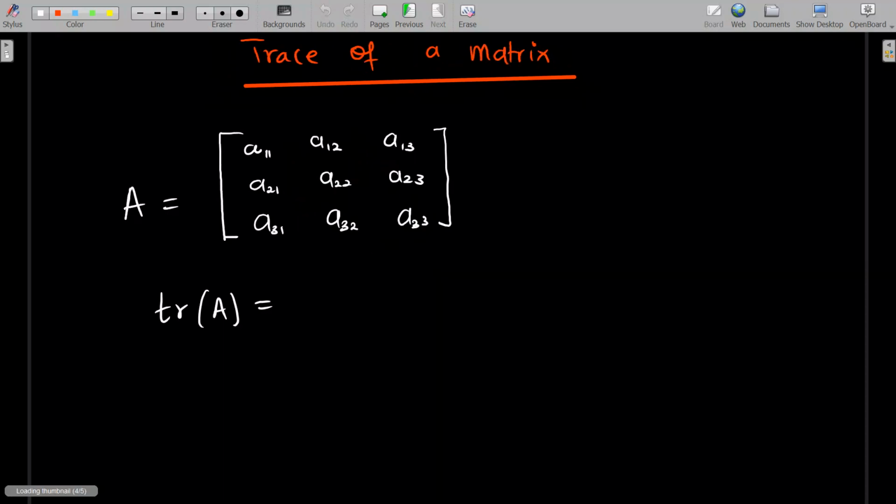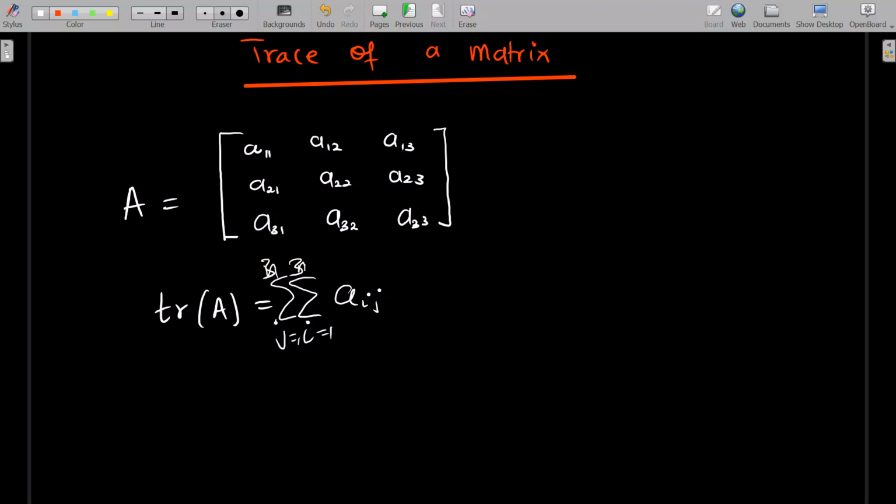The trace of a matrix is what we call the summation of aij, let i and j start from 1 to wherever you want, and in this case we have a 3 by 3 matrix, so it's going to be 3 here.